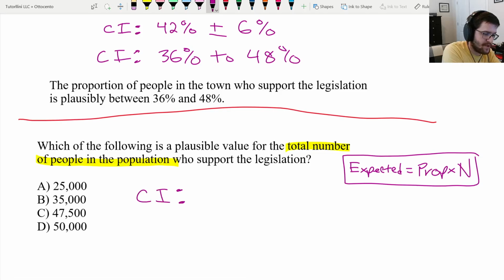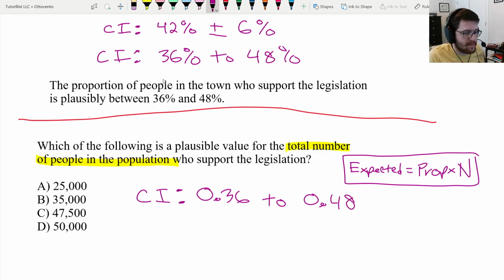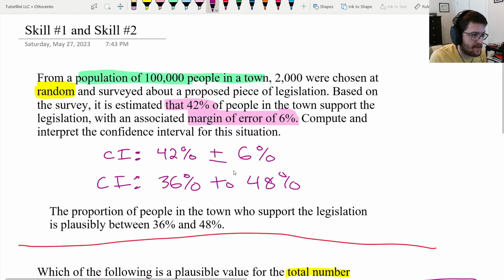So we're going to change this confidence interval to votes. So let's first divide them by 100. So it would be 0.36 to 0.48. And now we're going to multiply each of those proportions by the population size, which is this guy, the population of 100,000 people.